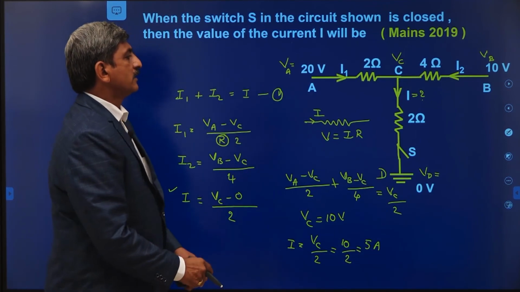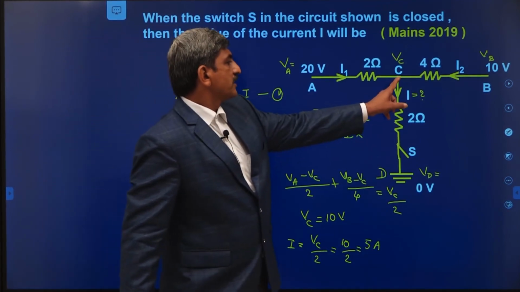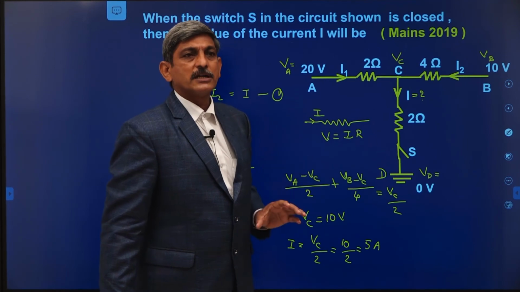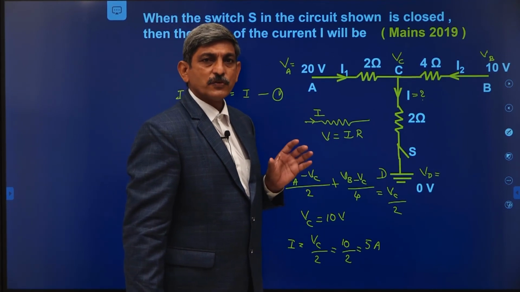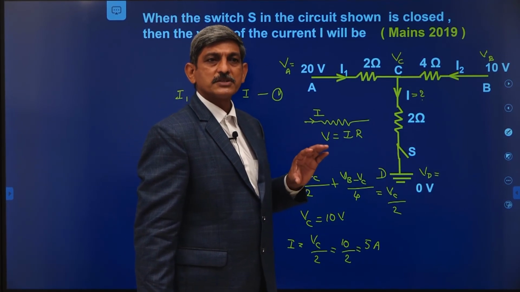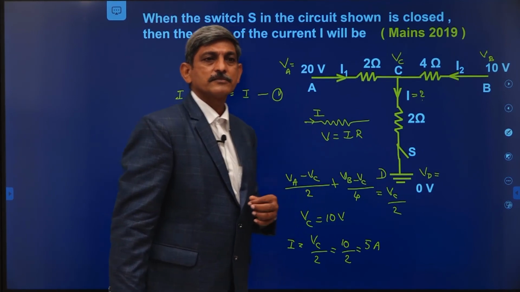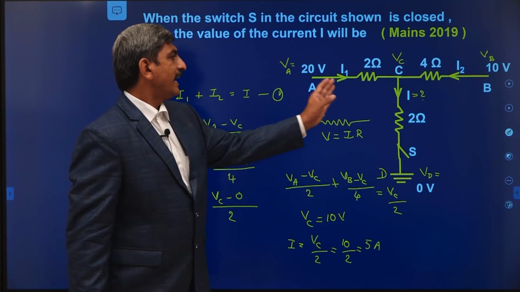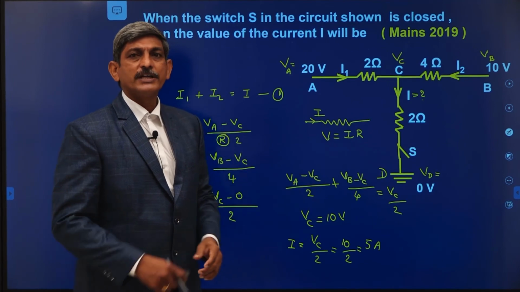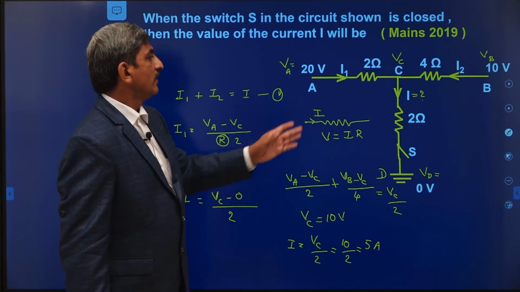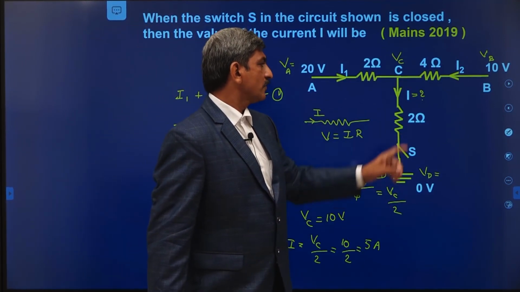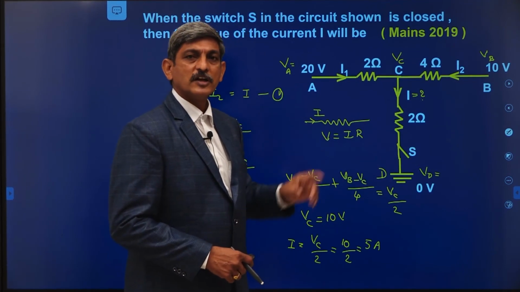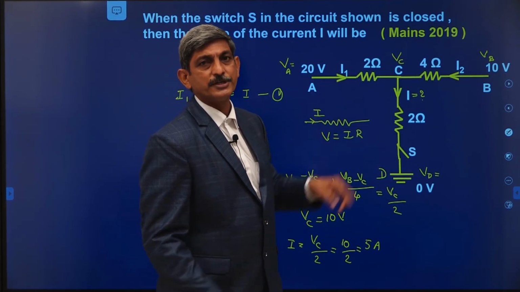Like this. So at this point C, we apply Kirchhoff's current law. The sum of the currents flowing towards the junction is equal to the sum of the currents flowing away from the junction. In simple problems, I1, I2 values may be given, we want to find out I value. But here, without giving I1, I2 values, we want to find out I value by giving the potentials at the various points.